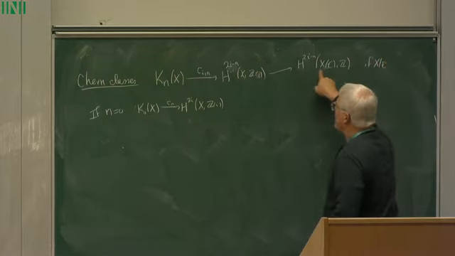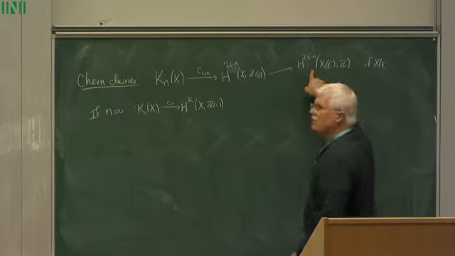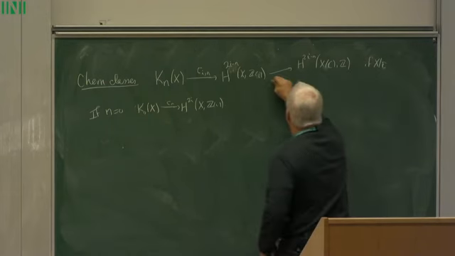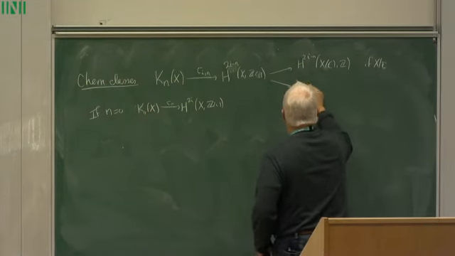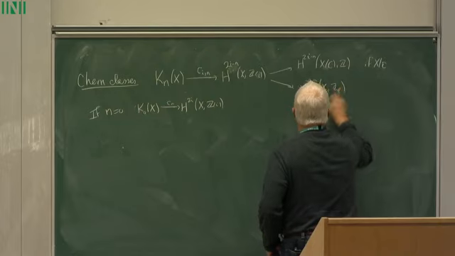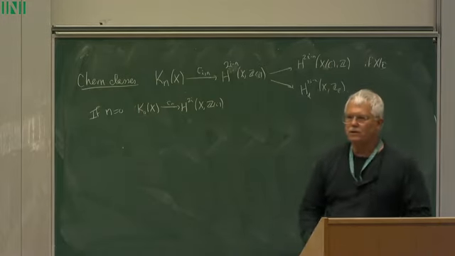And this map from here to here is the classical Chern class map that you get in topology. If I map to l-adic cohomology, then I get l-adic Chern classes.